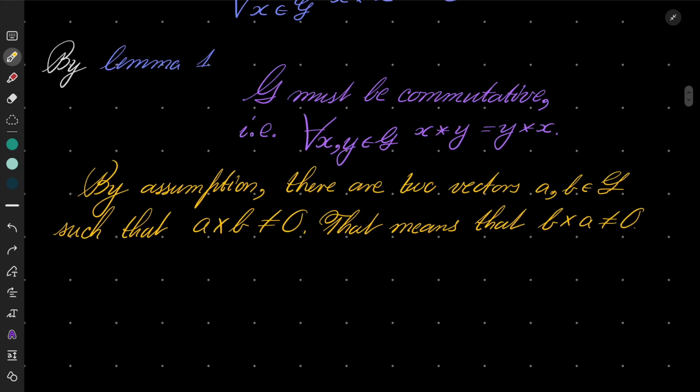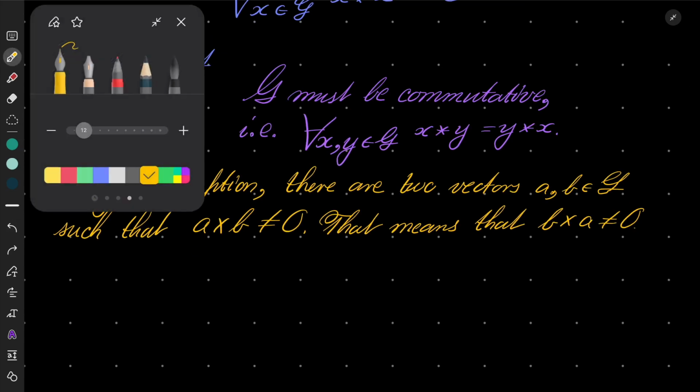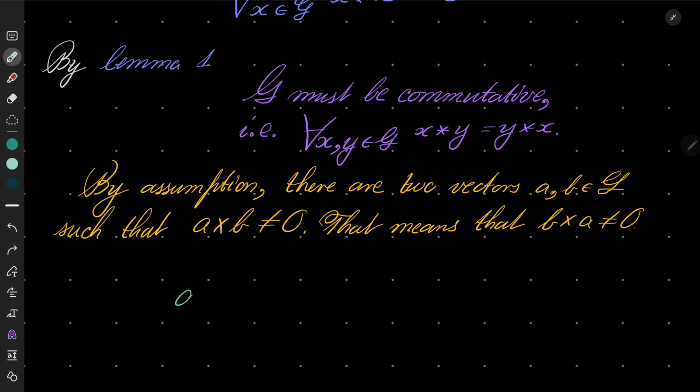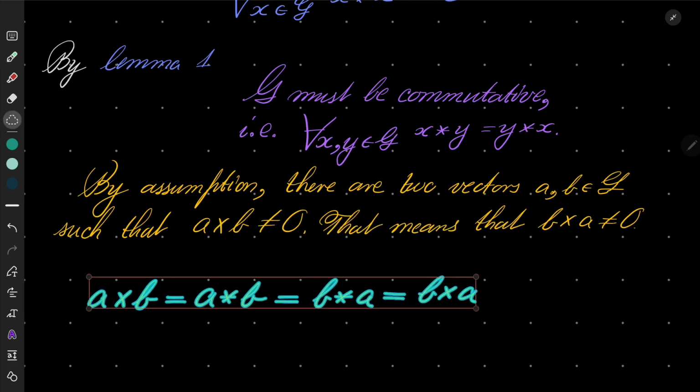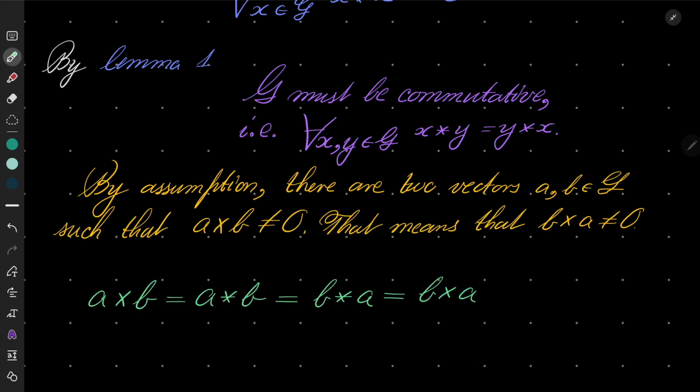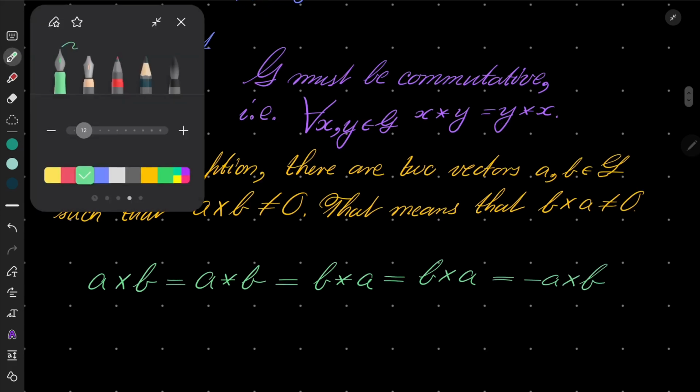Okay, and that means let's combine all of our knowledge. A cross B, since this is non-zero, we know that it's A star B. Since our group is commutative, it's B star A. And again, since B cross A is non-zero, it's B cross A. But remember that a cross product is anti-commutative, so B cross A is minus A cross B. And let's take a look.